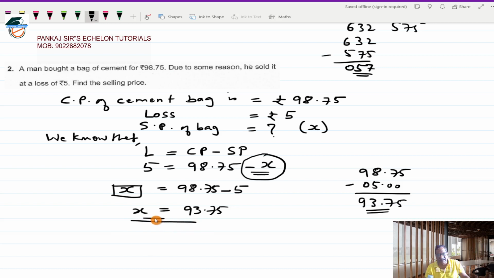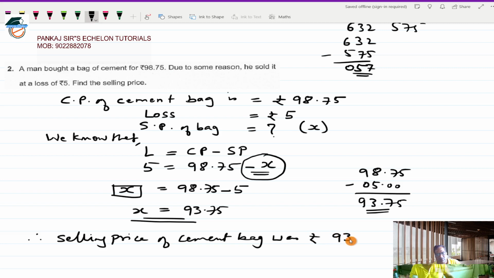This is nothing but the selling price. So therefore the selling price of the cement bag was rupees 93.75. Is that understood? So that was question number 2 that we have just now solved.